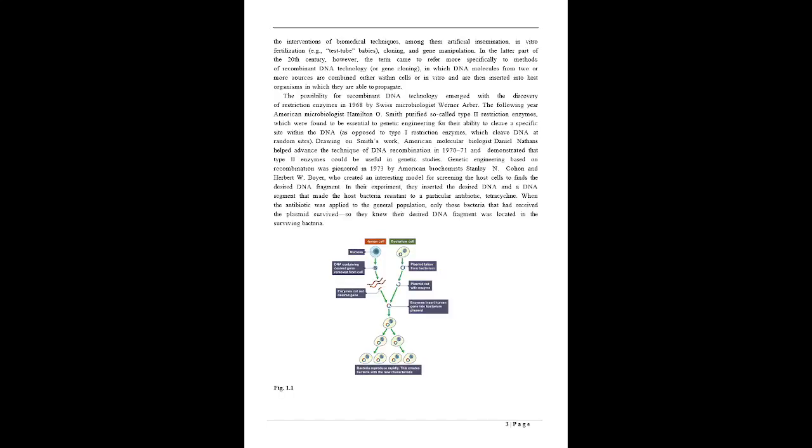Fine. So there are different historical ways of how genes have been manipulated. In the later part of the 20th century, the term gene or test tube babies came to refer more specifically to methods of recombinant DNA technology, gene cloning, in which DNA molecules from one or two sources are combined either within the cell or in vitro and then inserted into the host organism through which they are able to propagate.